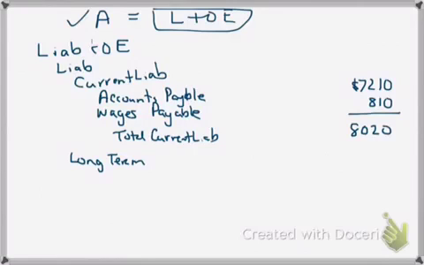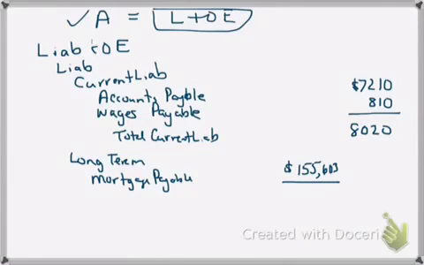Then I'm going to look at my long-term liabilities. My long-term liabilities would be my mortgage payable. I've indented over, and I'm at 155,603.